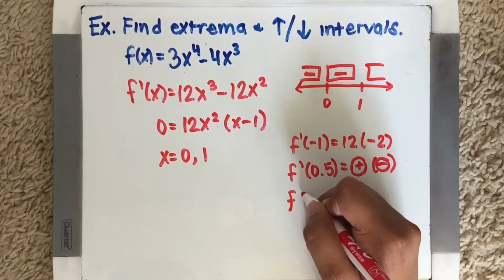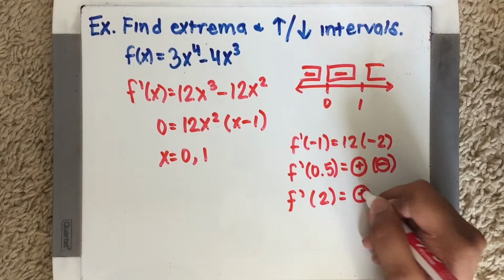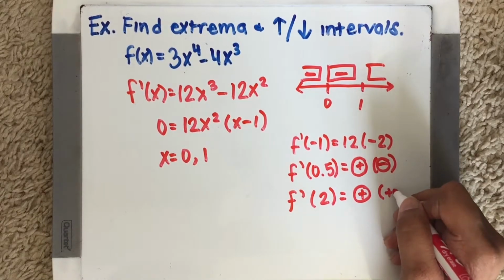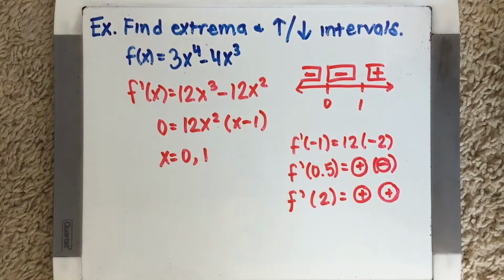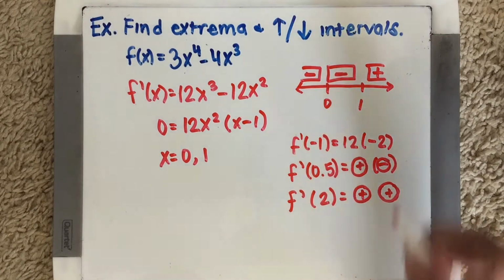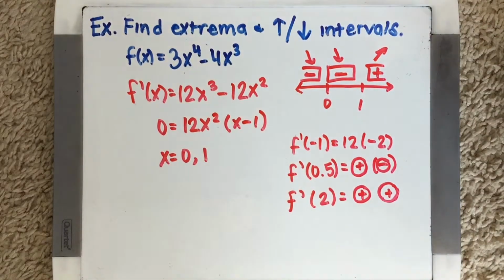Finally, f prime at 2 is going to be a positive times a positive, which gives us a positive overall within that interval. And now we can say that the graph is decreasing, then decreasing again, and then finally increasing.